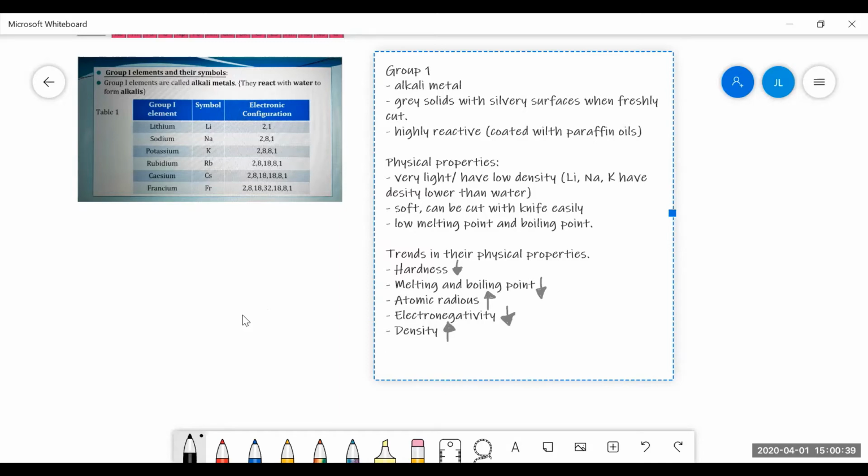Okay. Let's look at the chemical properties. So for chemical properties, what kind of properties are we looking at? We look at reactivity.